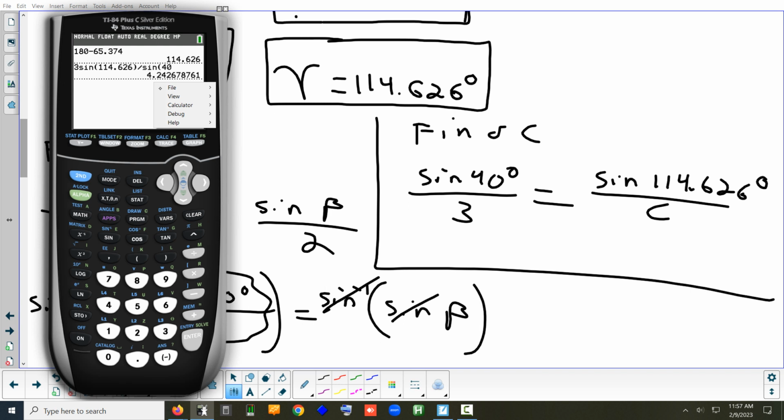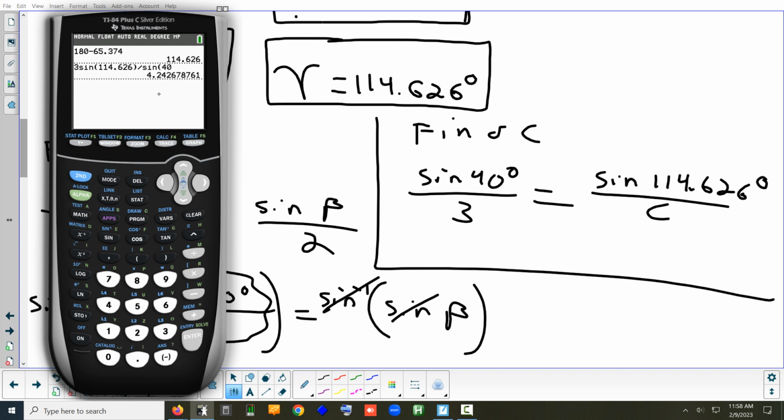If you're rounding everything to 3 decimal places through the whole problem, you shouldn't be off by that much, especially in the tens place. If you got an answer of like 4.25 here, I would mark that. 4.23, that's fine. But if you got like 4.4, 4.5, that's too far off. So make sure you round at least to 3 decimal places.